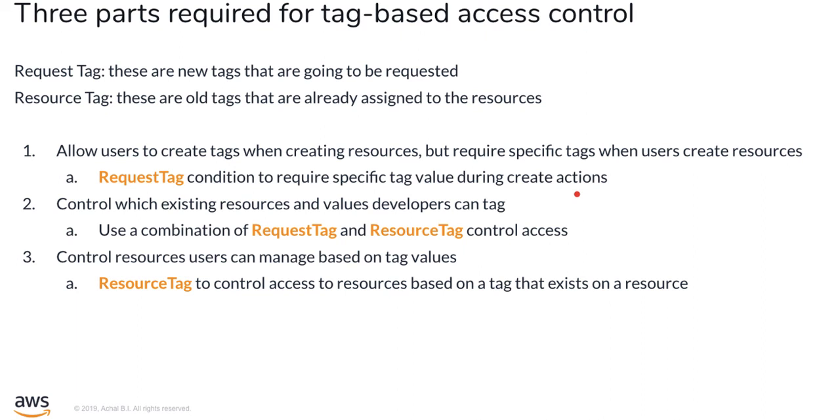You have to mention with a request tag what specific tag value you need to have during the create action. The second part is you control which existing resource and value developers can tag, whether it's a request tag or a resource tag, or a combination of both.